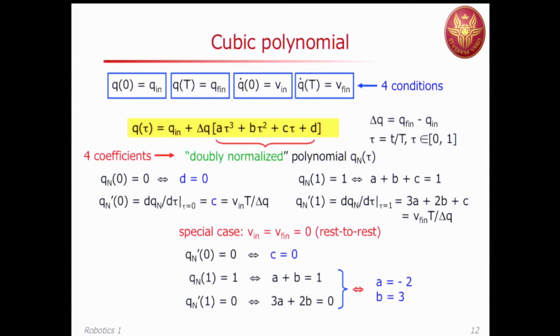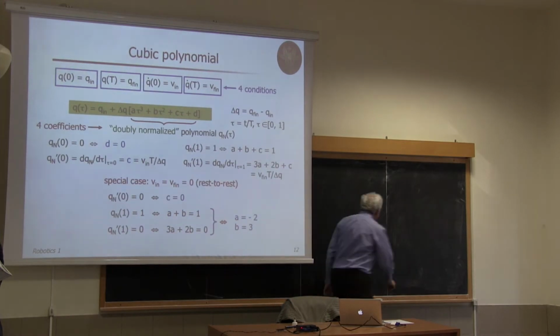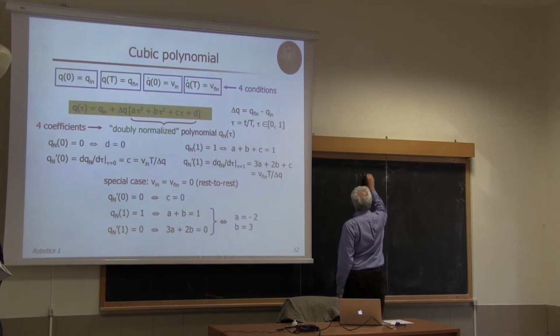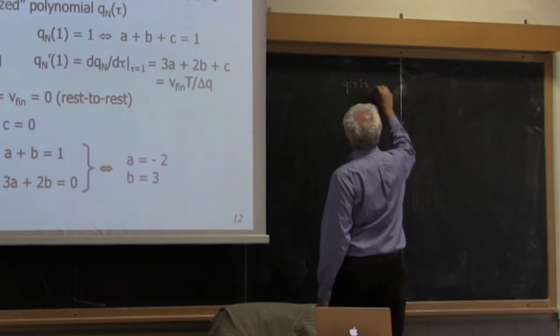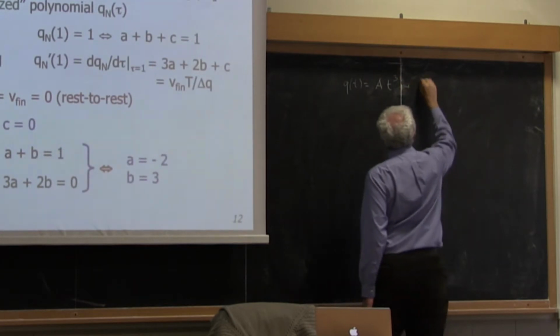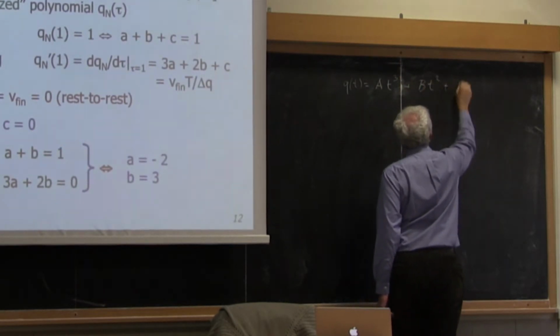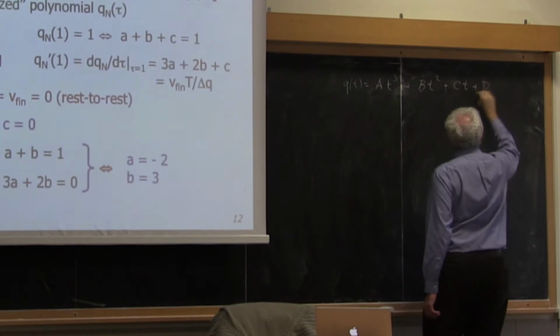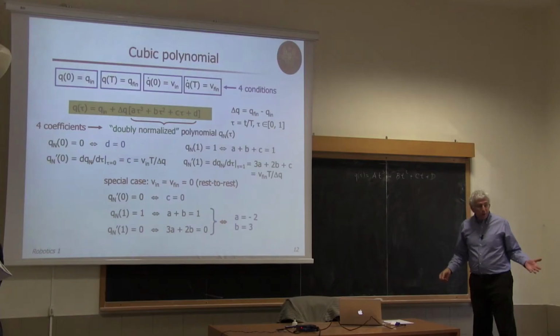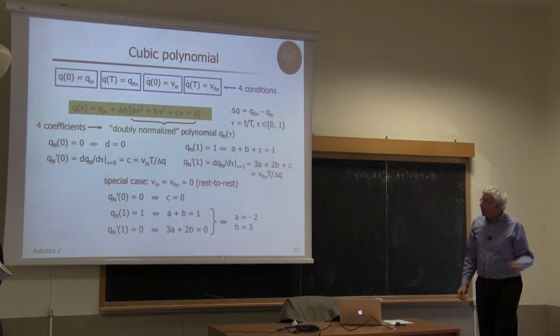So this is a cubic polynomial, which is written in this particular form. So instead of writing a generic polynomial like this one, let's say q of t, and I'm using different notation, a t cubed plus b t squared plus c t plus d, which is a generic third order polynomial with 4 coefficients. Okay?